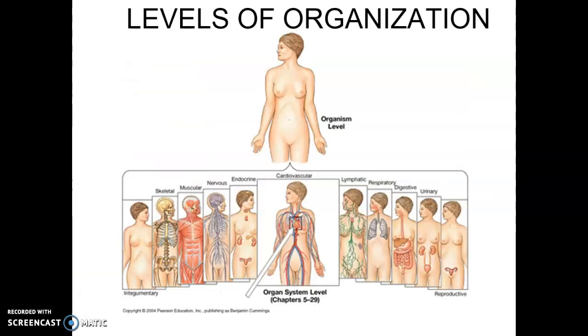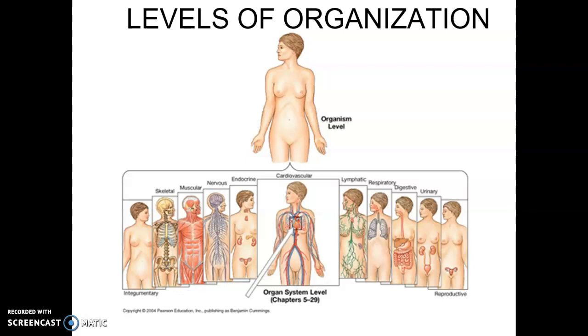Again, looking at our levels of organization from a little bit bigger perspective, here we see again at the top of the page the individual organism, and then we see the representation of the 11 different systems that actually make up the individual.